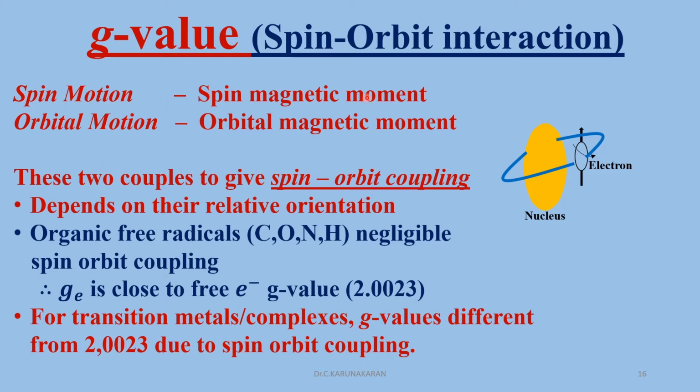These two magnetic moments couple to give spin orbit coupling, depending on their relative orientation. For free radicals, this spin orbit coupling interaction is negligible. Therefore, the g value is close to the free electron value 2.0023. However, for transition metal complexes, the g values are very much different from the free electron value due to this spin orbit coupling.